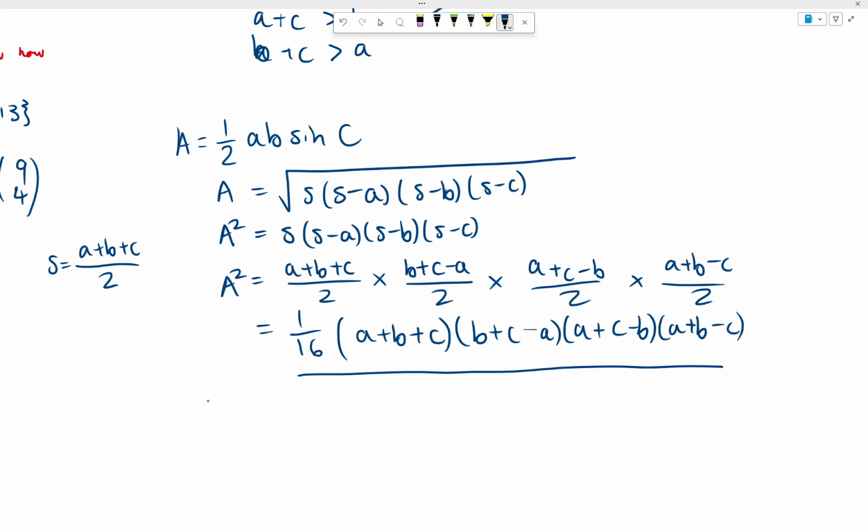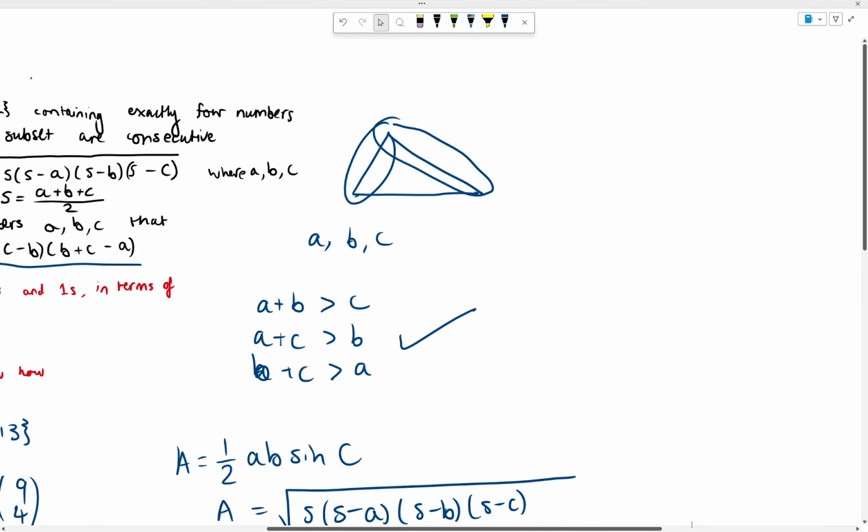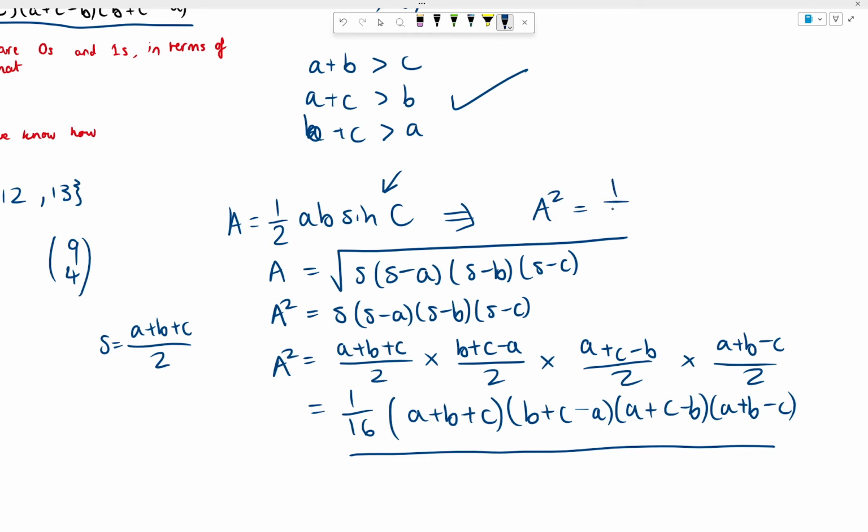and that's for good reason, because we're going to use the fact that this is equal to the area of a triangle in a different form, which is this bit here. So the area squared is also equal to 1 over 4 a squared b squared sine squared c.